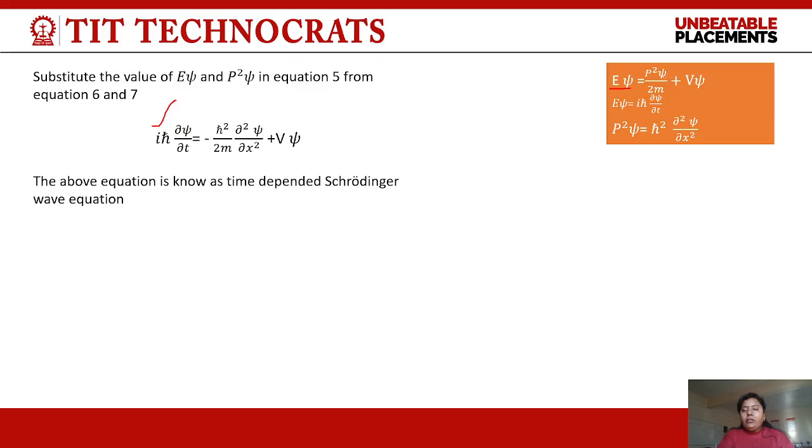And what is the value of p square psi? p square psi is minus h cut square del square psi by del x square. So I substituted here. And we don't have a value of V psi, so V psi is as it is over here. So now we get this equation, and this equation is known as the Schrodinger time dependent wave equation.